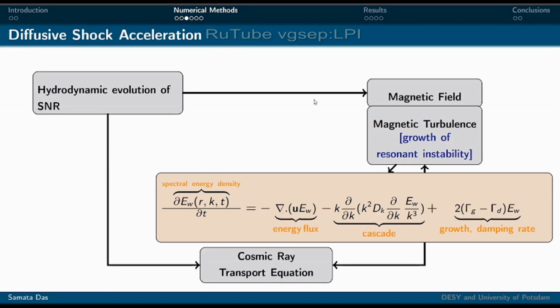We have calculated the transport equation for the magnetic turbulence, and here we only consider the self-consistent growth of the resonant instability, so we only consider the Alfvénic mode. Then we have solved this equation for the entire lifetime of the supernova remnant. So we have solved these four equations in parallel using our code.